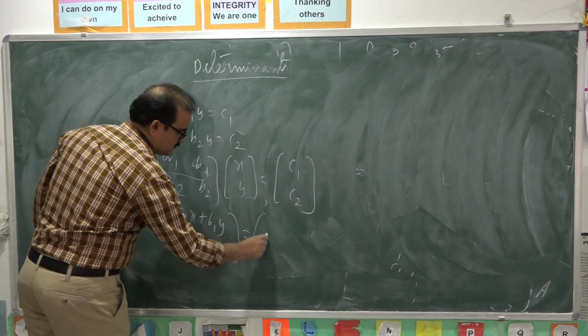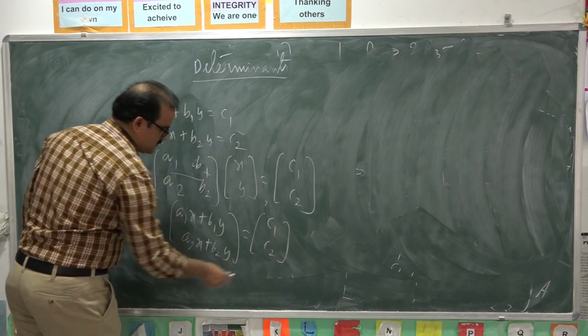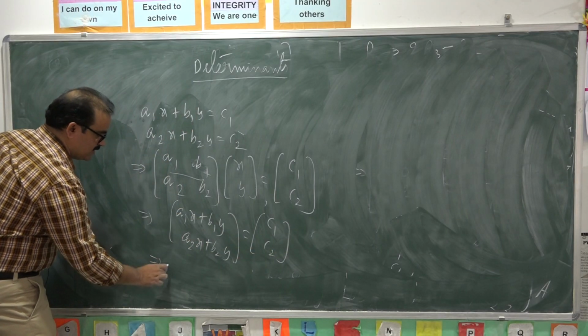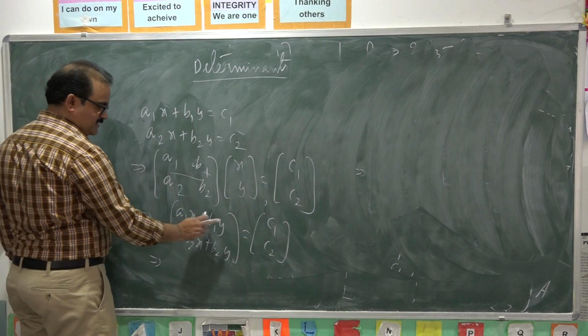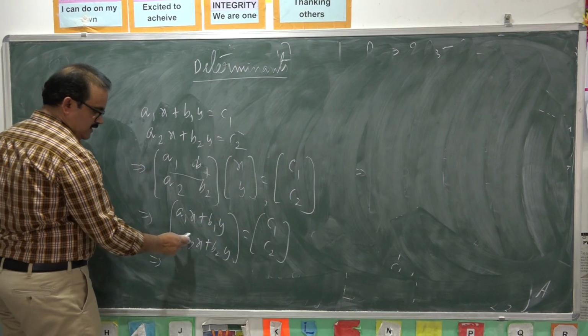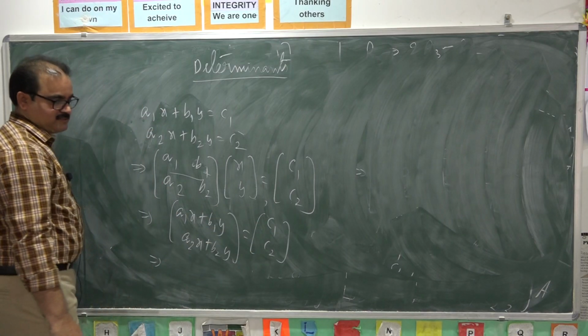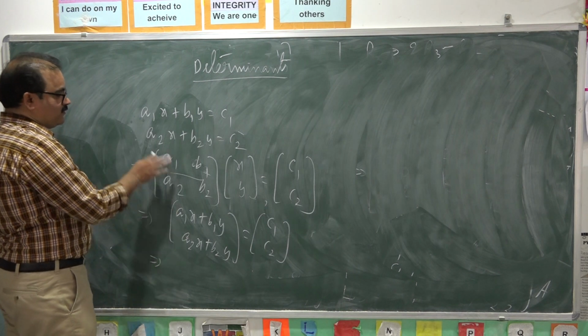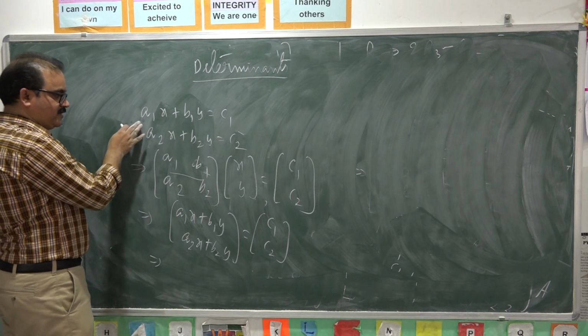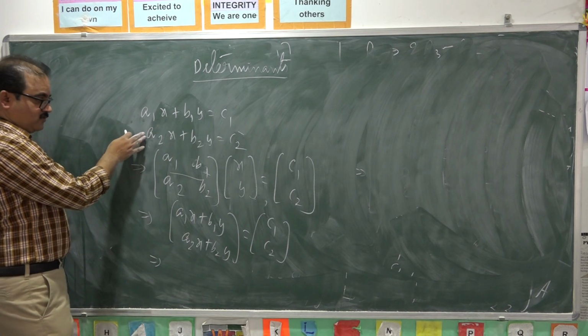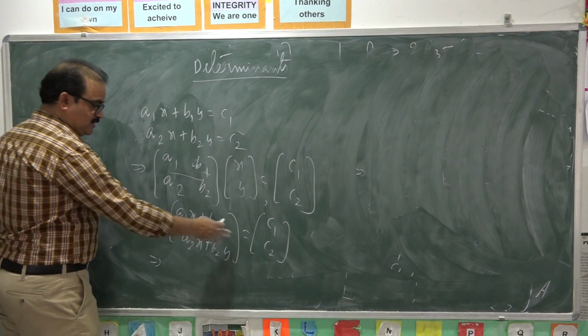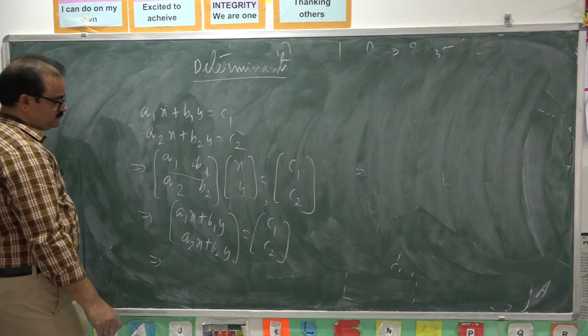This is equal to c1, c2. Now on comparing the corresponding elements, what we get? a1x plus b1y is equal to c1, a2x plus b2y is equal to c2. In this way, we may express two linear equations in two variables in matrix form also.